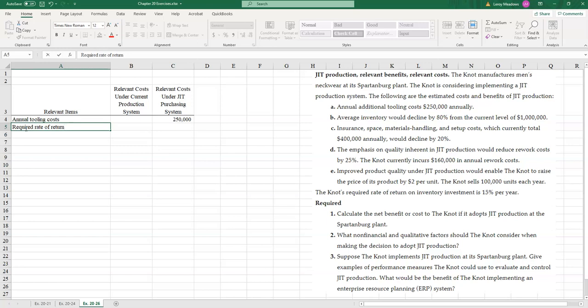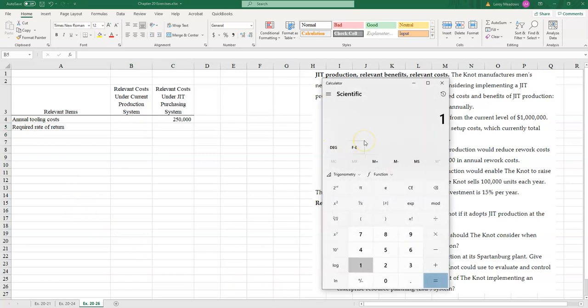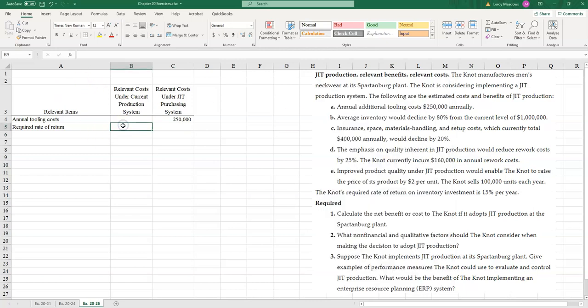So for every dollar of inventory, I want an extra 15% added on as my required rate of return. I'm going to build that in. So under the current production system, how much inventory do I have? Well, I have $1 million. So when I take $1 million and multiply that by 15%, my required rate of return on my investment in my inventory is going to be $150,000 under the current production system.